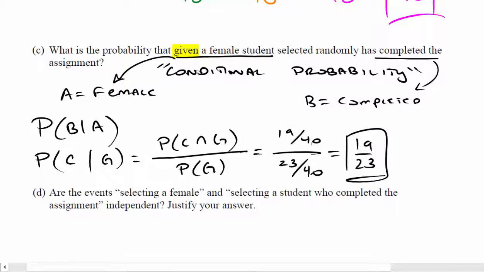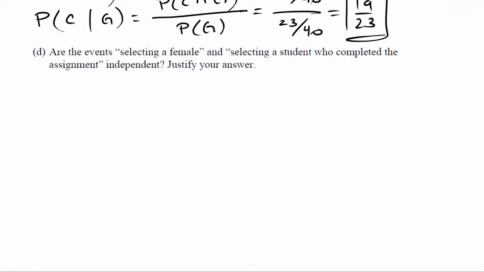That's it. And last, are the events selecting a female and selecting a student who has completed assignments independent? Justify your answer. This is a great question because you're identifying if there's a bias, almost. If just because you're a female, you are more likely, less likely, or equally likely of selecting a student who has completed the assignment.